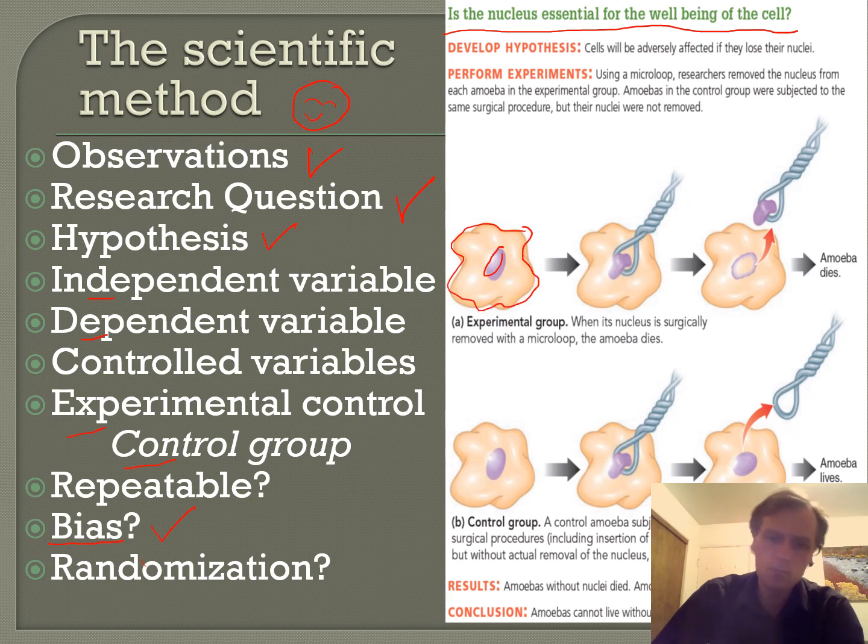Somebody came up with this research question a little after the first microscopes were invented, and they saw that inside pretty much all cells, if you looked enough, you would find some kind of blob. Eventually they came up with the name nucleus, and that was often all that they could see inside of a cell. So the question was, is that thing we can see in there important?